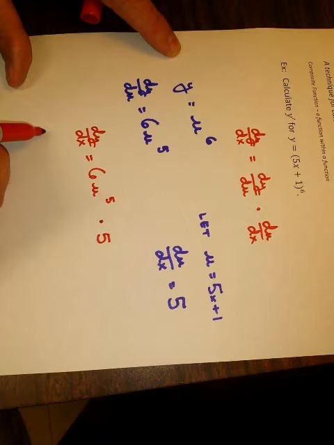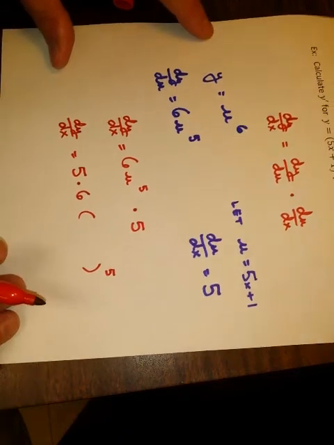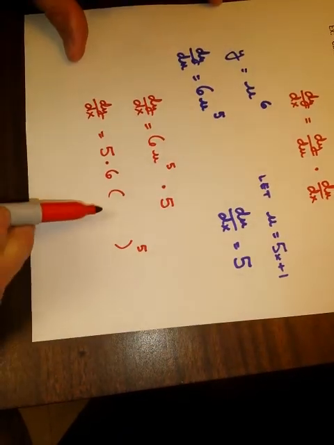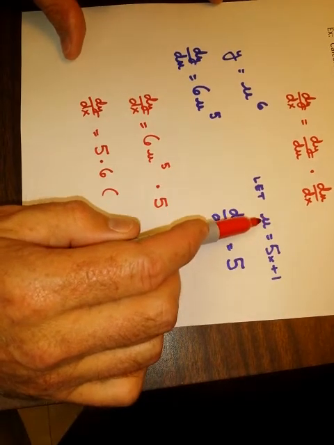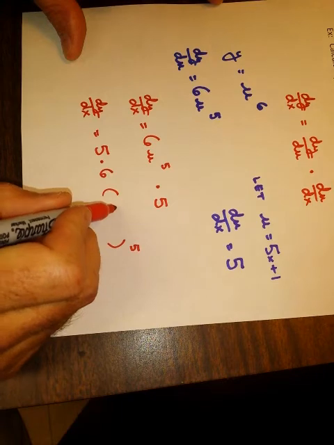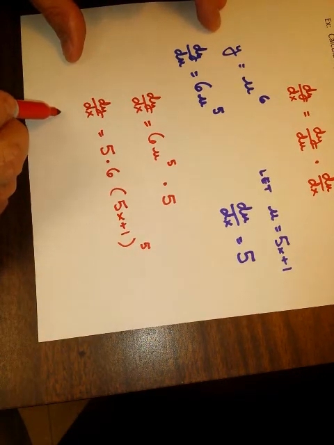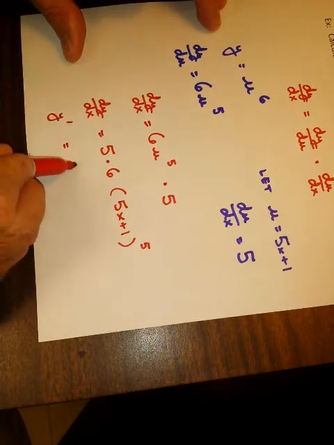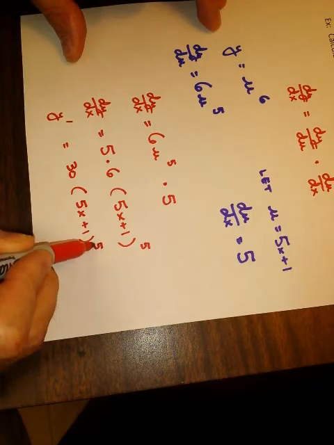Let's just simplify this a little bit and say dy/dx is, I'm going to bring this 5 out front here, 5 times 6. Remember, u is a temporary substitution method. So instead of writing u to the 5th here, what is u equal to? It says right here that u is the same as 5x plus 1. Okay, so our final answer, dy/dx, or y prime, is 30 times the quantity 5x plus 1 to the 5th power.